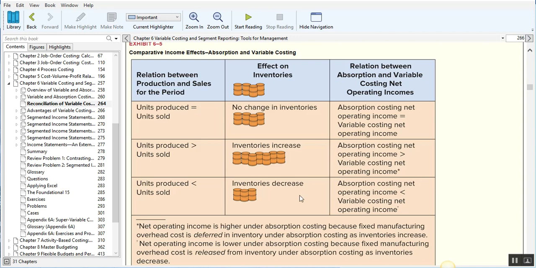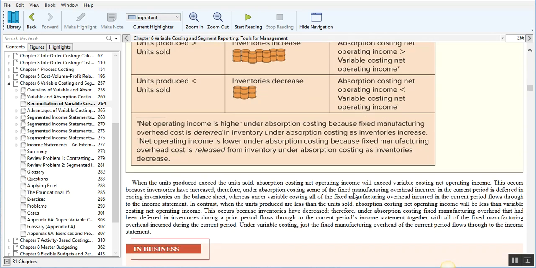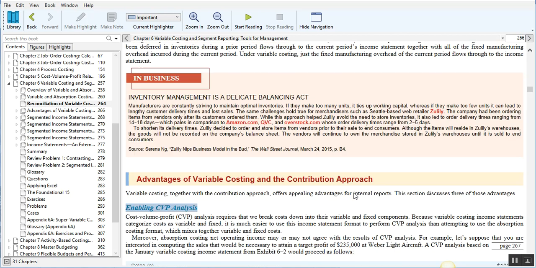However, if inventories decrease, that means the units produced are less than the units sold, then absorption costing net operating income is going to be less than variable costing net operating income, because you are recognizing in cost of goods sold some of those deferred costs that you didn't count earlier. So by increasing the cost of goods sold, you are decreasing the net operating income. I hope that helps with understanding the difference between the two.